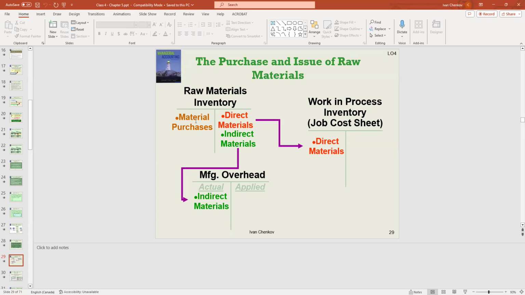Once we purchase the material, now we have material to use. Direct material is going to go directly to the work in process account, which is on the job cost sheet. Indirect material, we're going to temporarily assign to the manufacturing overhead account on the debit side, which will be the actual overhead cost.